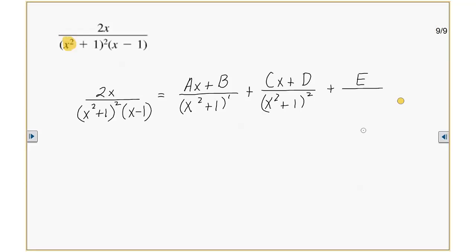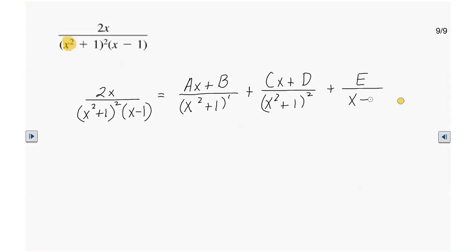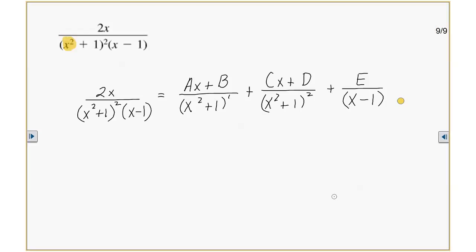E over (x minus 1). Second power, 2. First power, 1. That's why you were doing A, B, and C before.